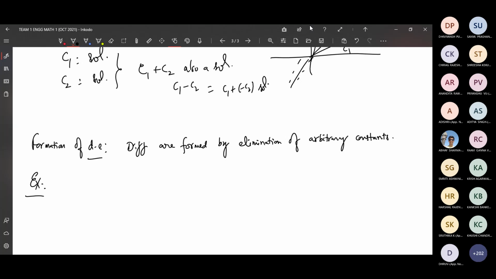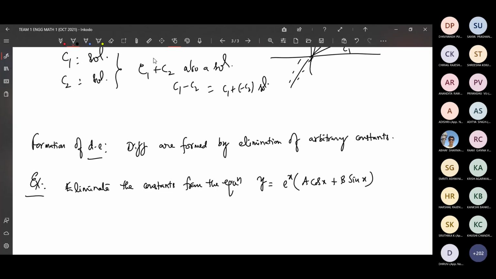Eliminate the constants from the equation y equal to e to the power of x times (a cos x plus b sin x), and obtain the differential equation. This is a very simple one.